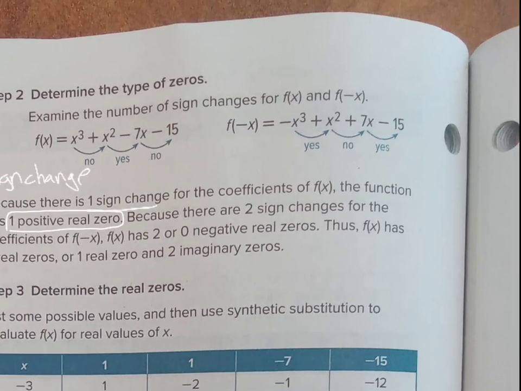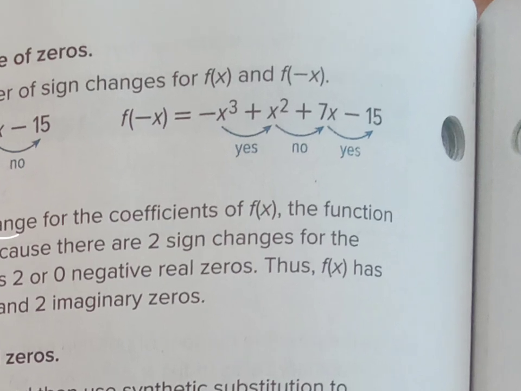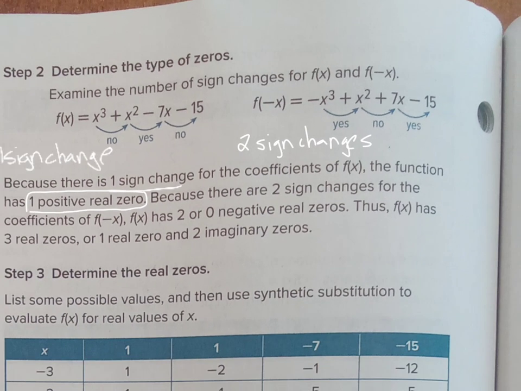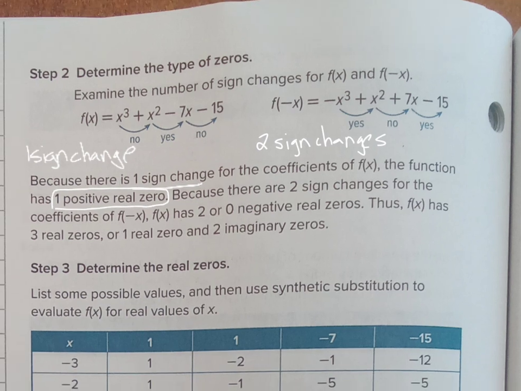Right? Then we evaluate it for negative. How many sign changes are there now? Two sign changes. So how many negative real zeros could we have? 2 or 0.